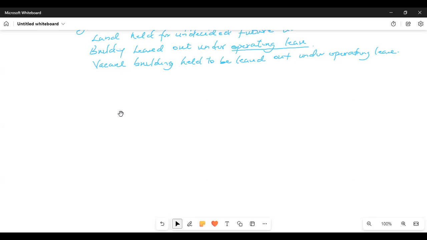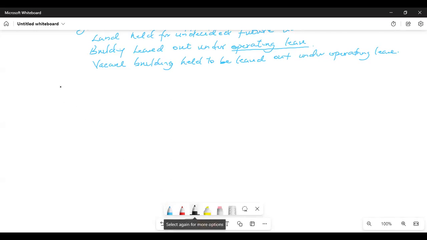So the key point out of that one is that when a property is being constructed or is being developed for use as an IP, you are developing, maybe you've not finished, but you are constructing it. So let me write so that probably you can take note of it.